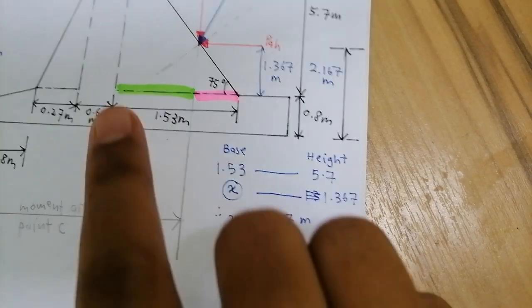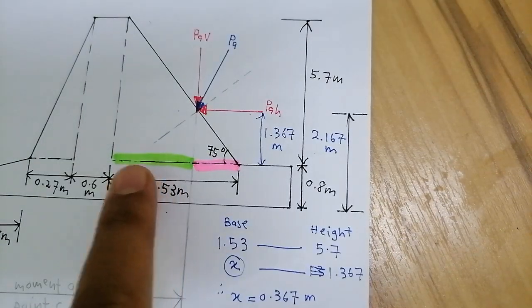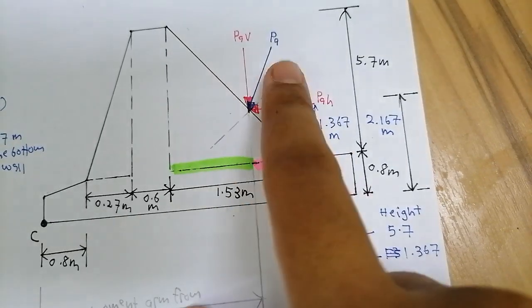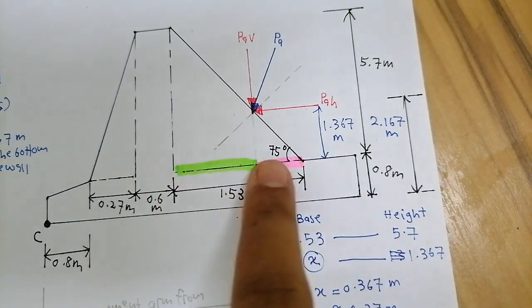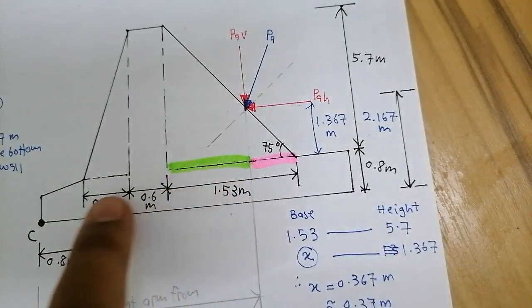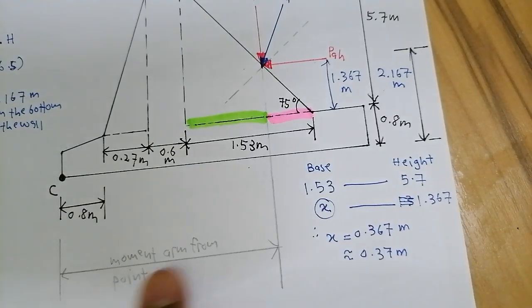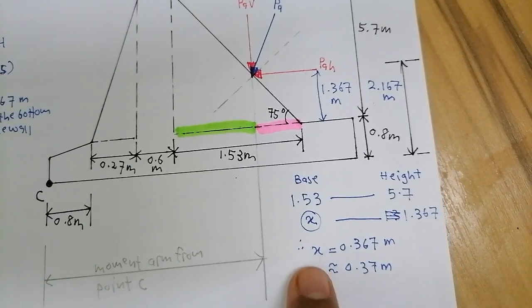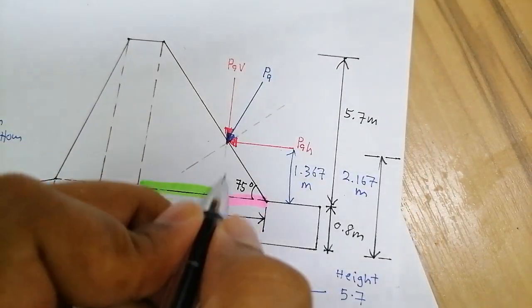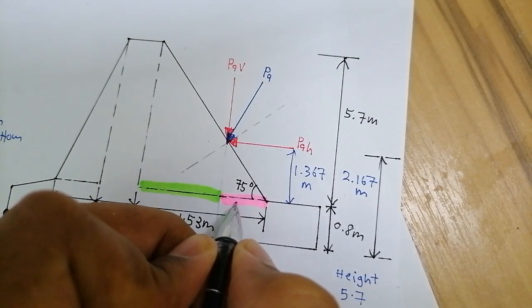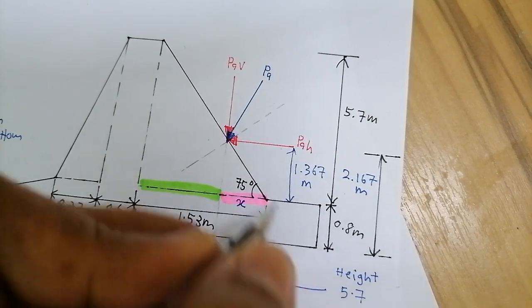So therefore, to get the green one, because we want to measure PAV from C, we want this side. We don't want this side, we want from here to here, okay? All right, so we know that x, I really hope that I explained to you clearly. It's a bit hard to explain, all right?